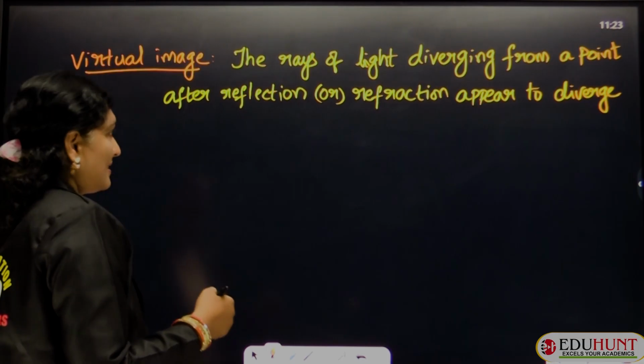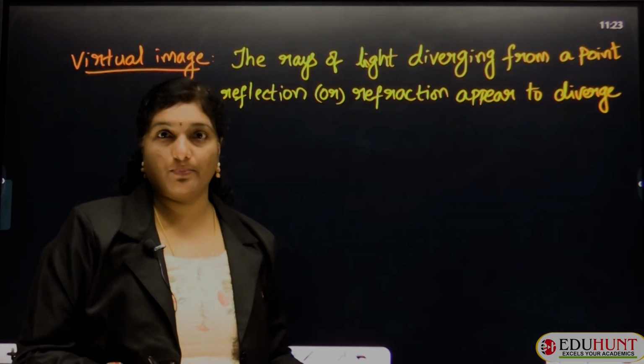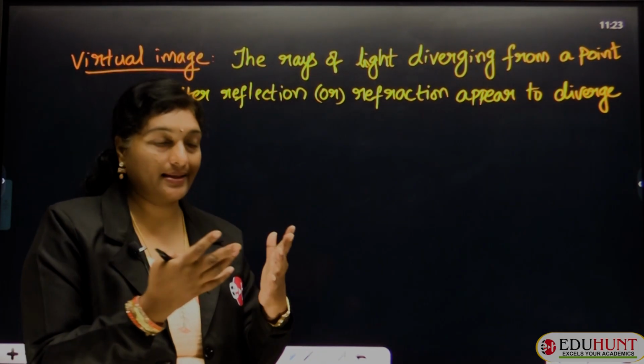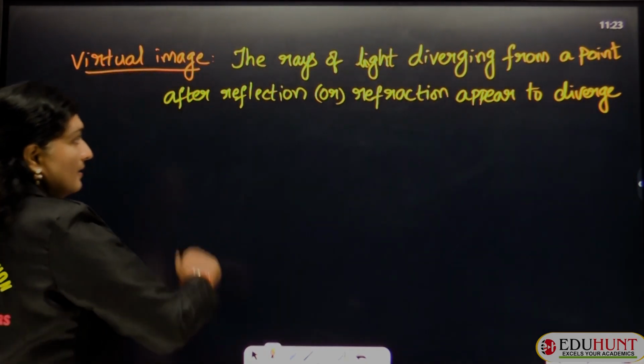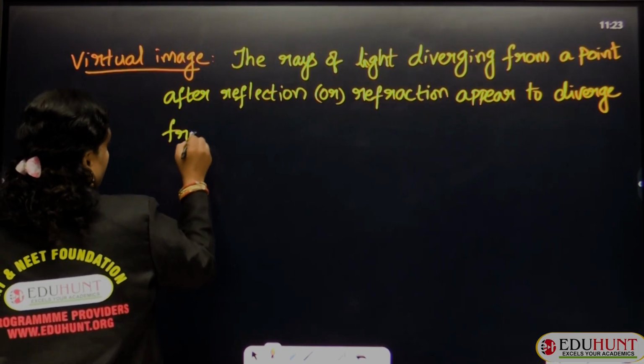So they actually diverge from one particular point, but they seem as if they are coming out from some other point. I will draw the picture for that.